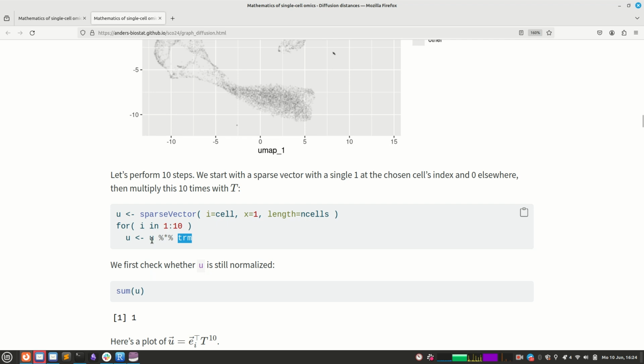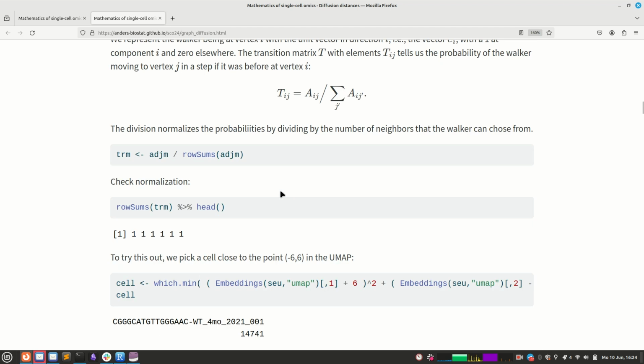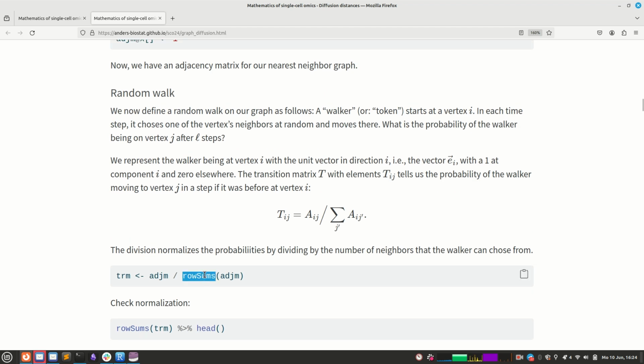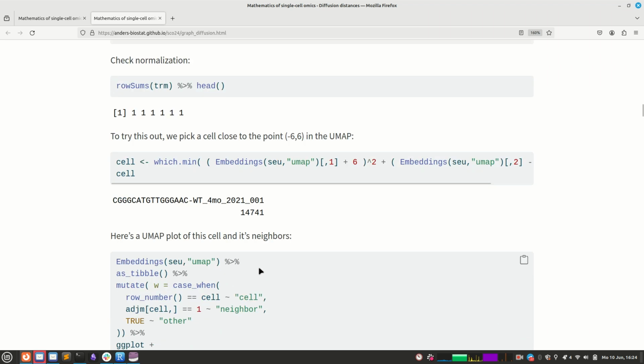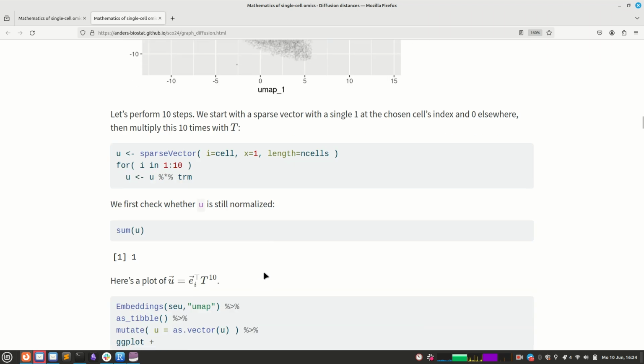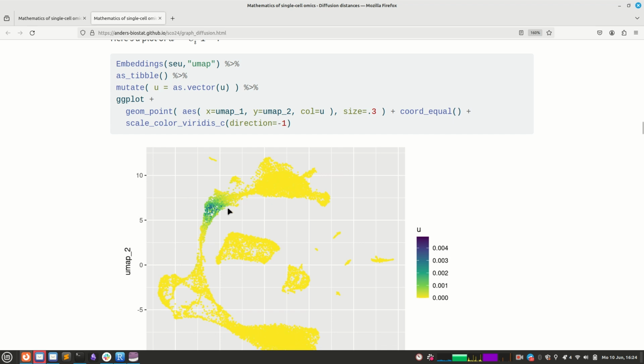I've put it like this in the code, where I come from the left. This is also why I divided by the row sums, which means calculating D to the minus 1 times A and not A times D to the minus 1. But in any case, no matter which way around you write your matrices, you get this after 10 steps.